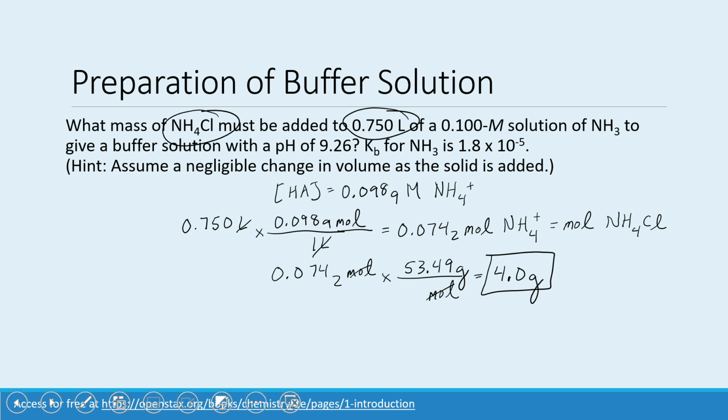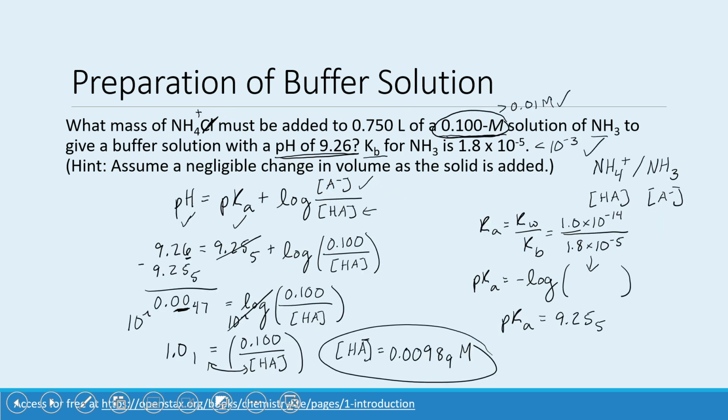Okay, and just as a final note, we were supposed to check all of the things that give us the ability to use the Henderson-Hasselbalch. We did check the Ka or Kb being less than 10 to the negative third. The concentration of the base was greater than 0.01.